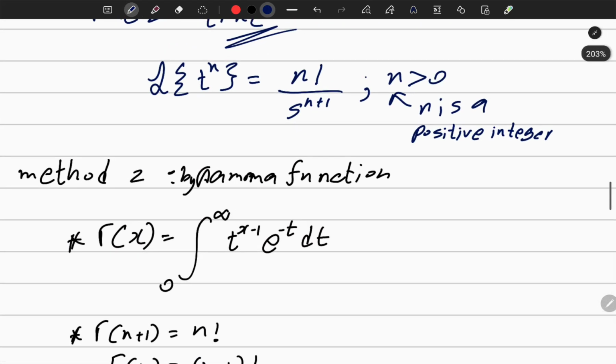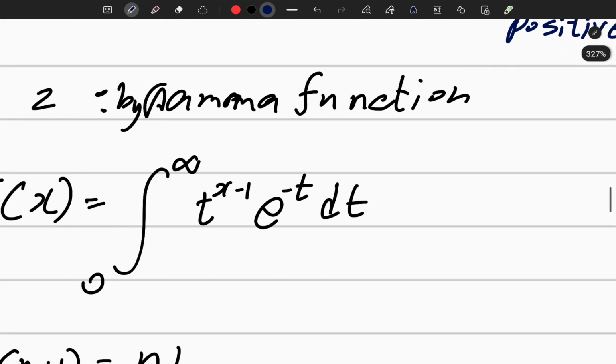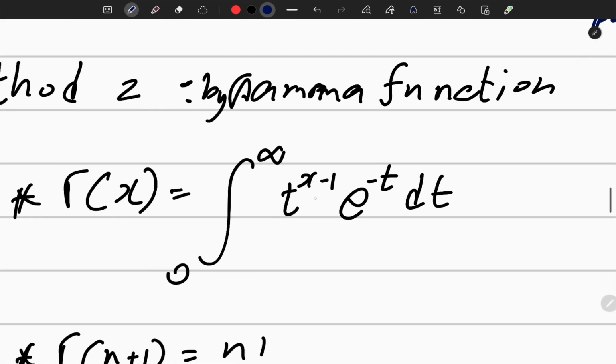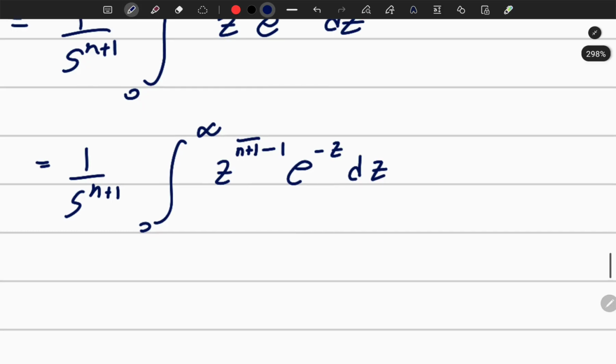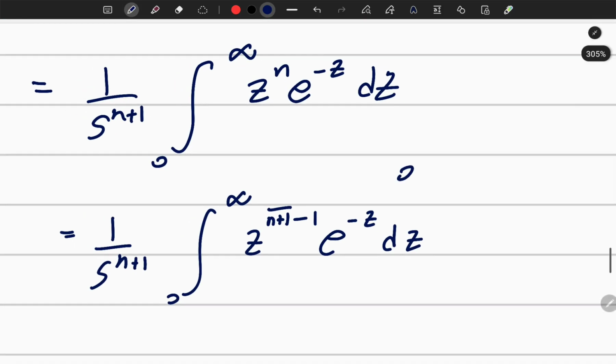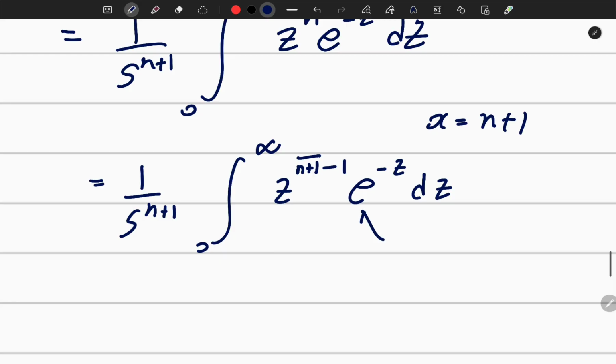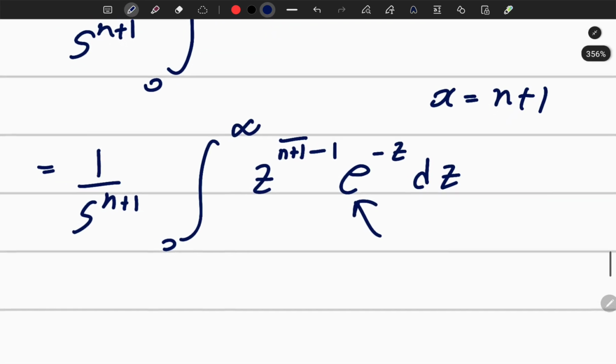Let's see what the gamma function is. It is t to the x minus 1 e to the minus t, right? Here I have n plus 1. Let's say x is equal to n plus 1. Then this is the gamma function, right?